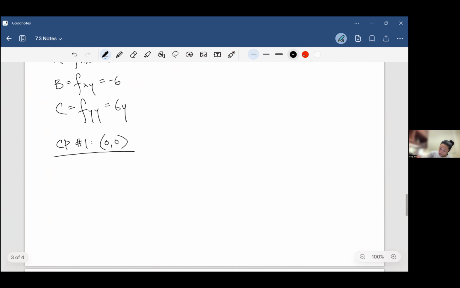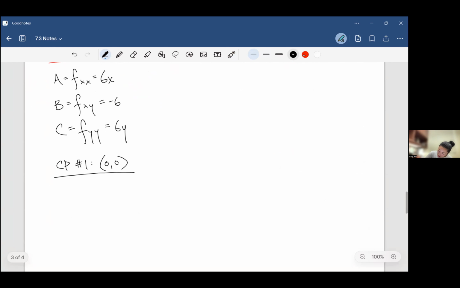So for critical point number 1, we have AC minus B squared. That's going to be 6x times 6y minus negative 6 squared. Everywhere I see an x, I'm going to plug in 0, and everywhere I see a y, I'm going to plug in 0.